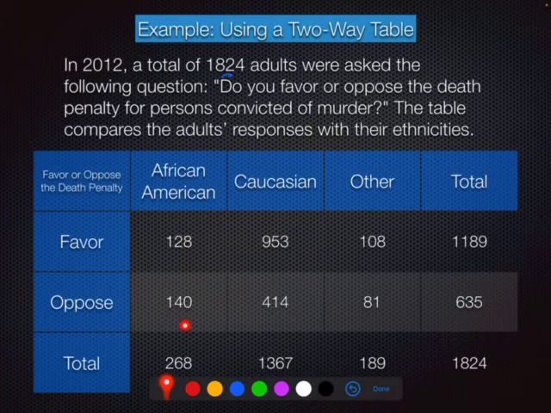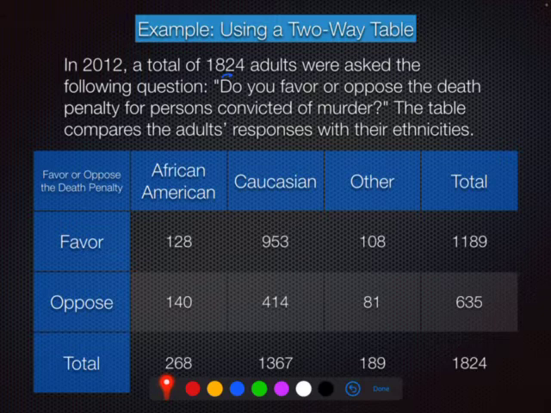And so we can get some totals here out of the African Americans that were surveyed. 128 were in favor of it, while 140 were against it. 268 African Americans asked. Caucasians, 953 in favor and 414 said no. There's our other results, so on.